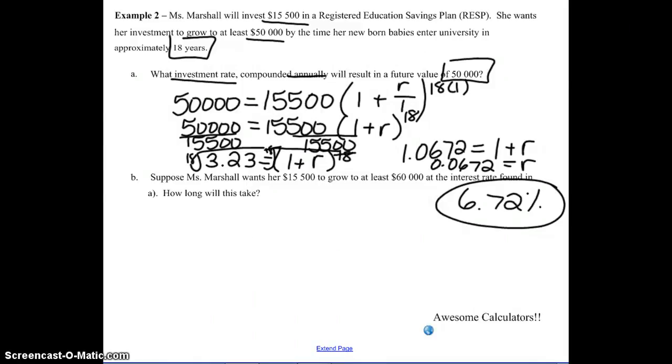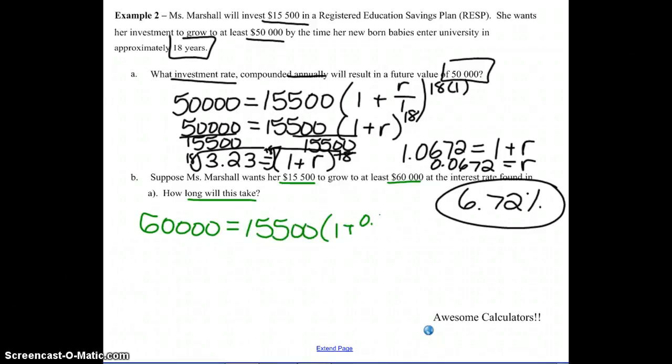So now that we have our rate, we want to figure out time. So let's say that she wants her 15,500 to grow to at least 60,000 at the interest rate we just found. So now we've got 60,000 equals 15,500 times 1 plus her rate, which is 0.0672, still annual, to the exponent of your time.